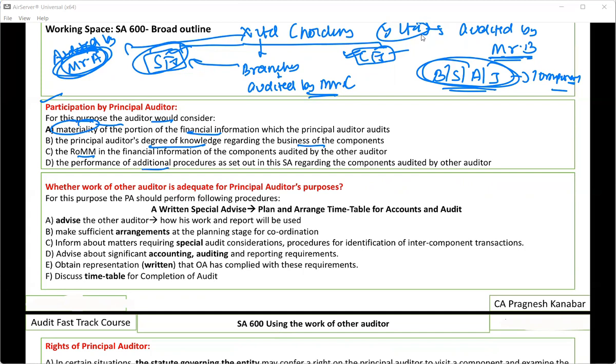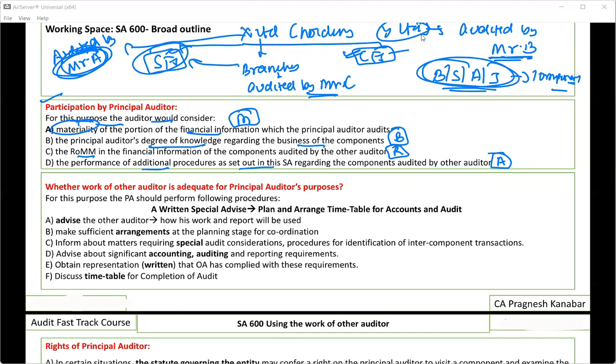And then after analyzing these things, you need to perform additional procedures as set out in this SA. Am I clear with this? Yes. So materiality analysis, then knowledge of the business of the components, then analyze the risk of material misstatement, and then perform additional audit procedures as set out in this SA.